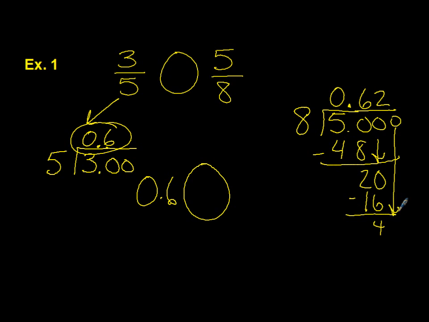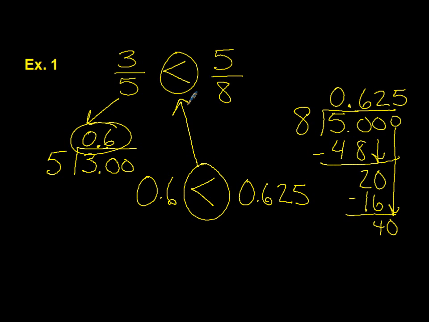Bring down another 0. Now we can compare, and we can see that 5/8 is greater than 3/5. We'll put our signs in both locations, and it's important that the sign shows up in the original problem.